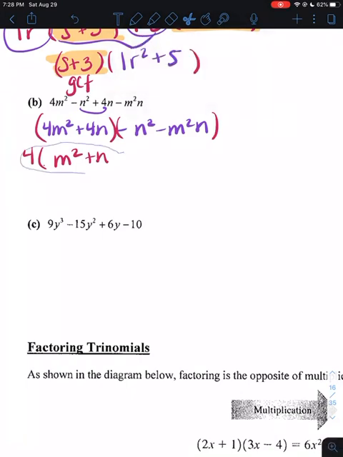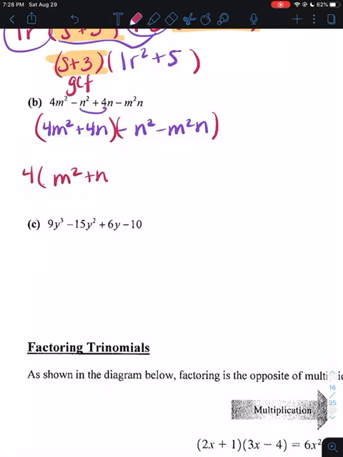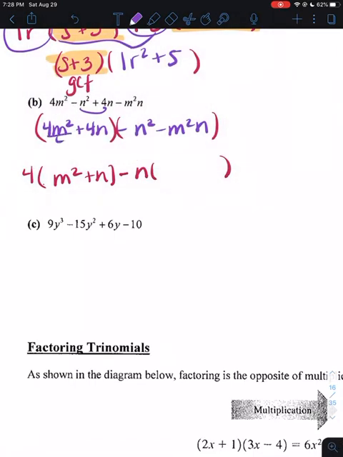So I'm going to factor out a negative, and the greatest common factor between the terms here would just be a negative n. Let me show my steps in between. So the first one, I divided both of these by 4.